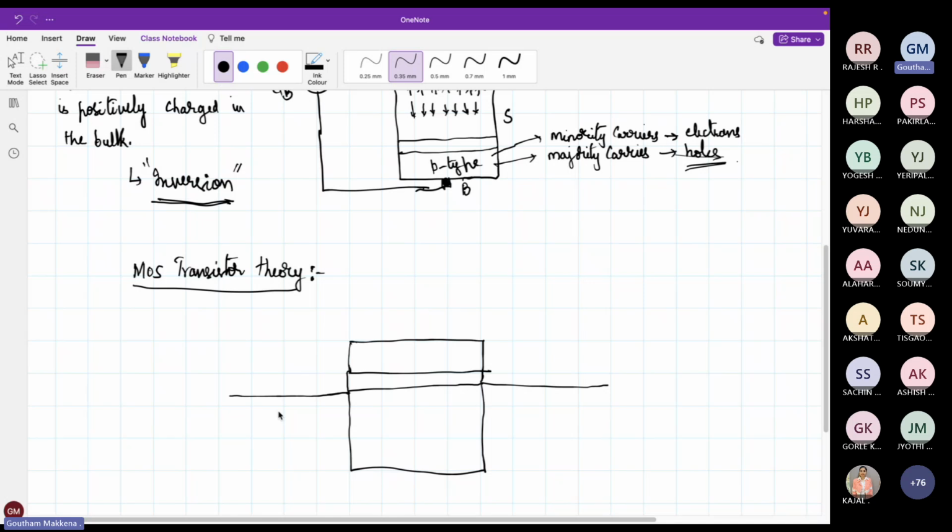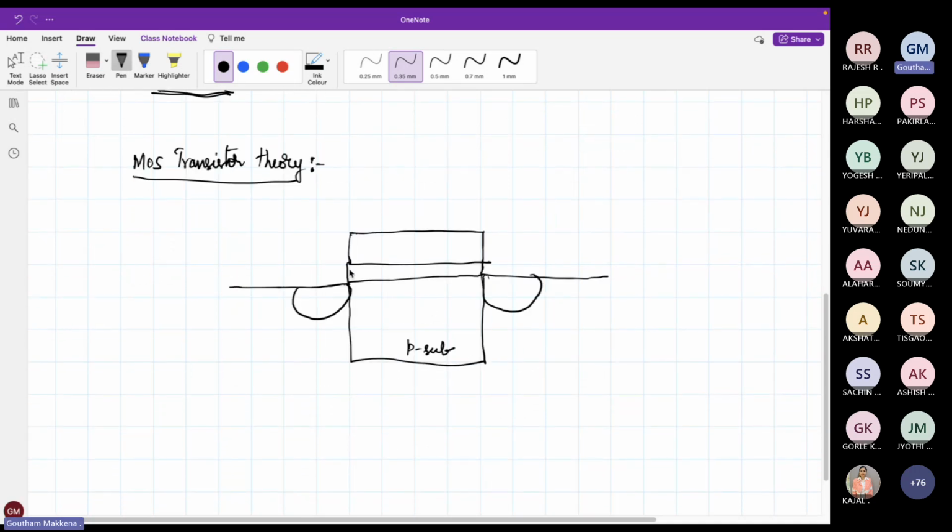I take another two regions that are heavily doped. So this is my P substrate. This is the gate, the silicon region and gate. This is oxide. This is semiconductor.